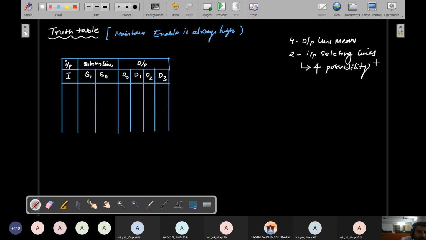These 4 possibilities are digital possibilities, that is nothing but 00, 01, 10, 11. That is called digital possibilities.